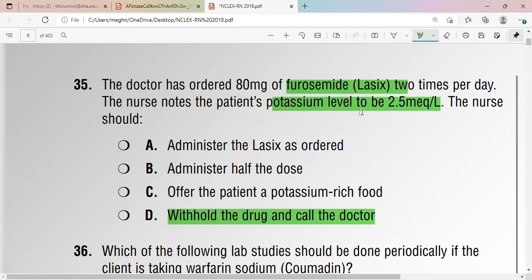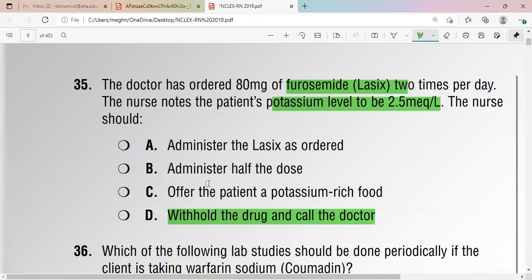Because a potassium level of 2.5 milliequivalents per liter is extremely low. The normal, as I told, is 3.5 to 5.5 milliequivalents per liter, and Lasix or furosemide is a non-potassium-sparing diuretic. So answer A is incorrect.